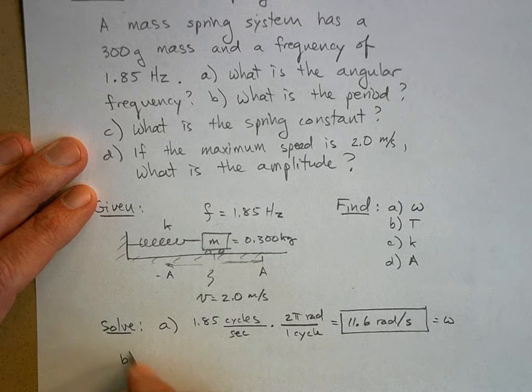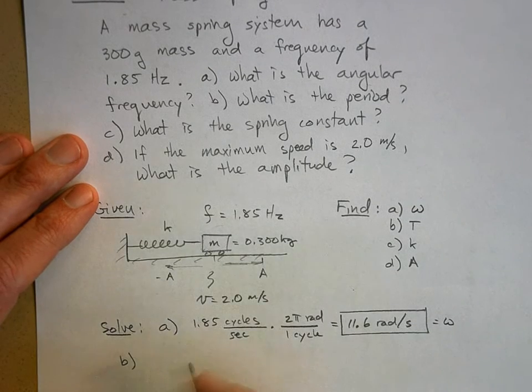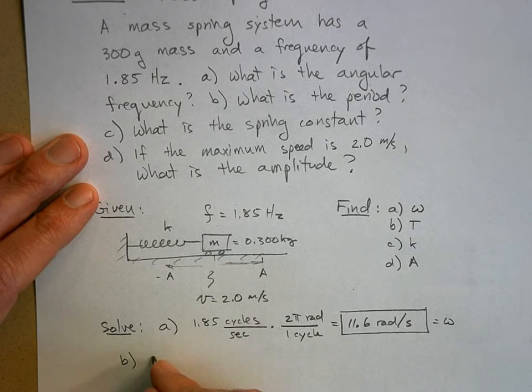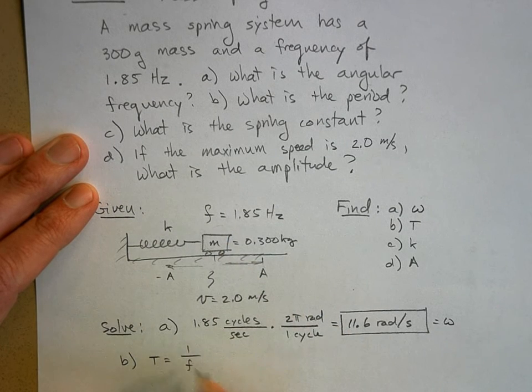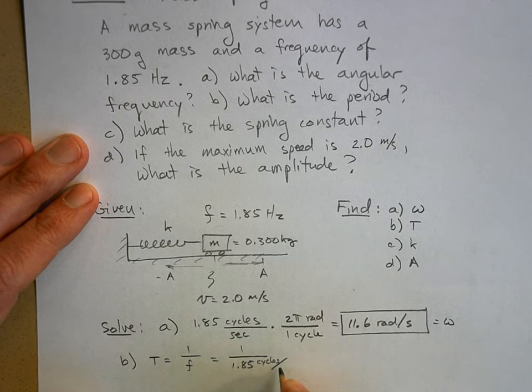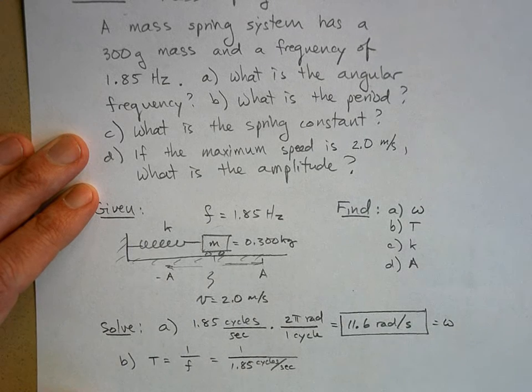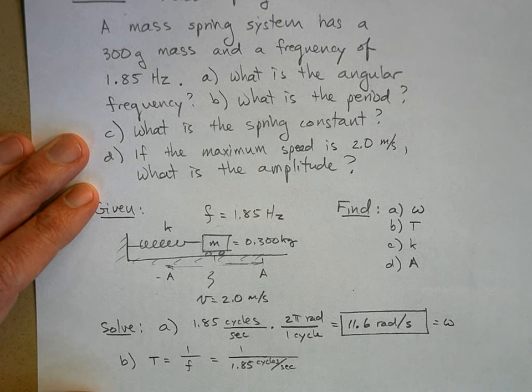Now part B, there's a couple ways to do this, but based on what's given, the period is just 1 over the frequency. So that's 1 over 1.85 cycles or oscillations per second. So 1.85, take the reciprocal of that.